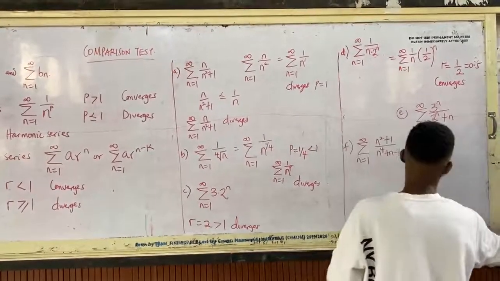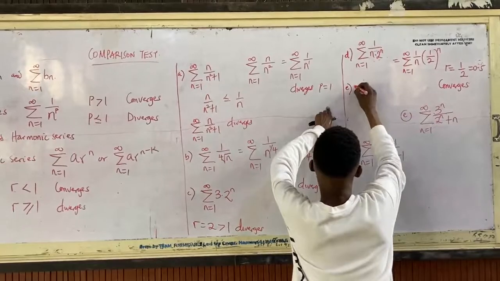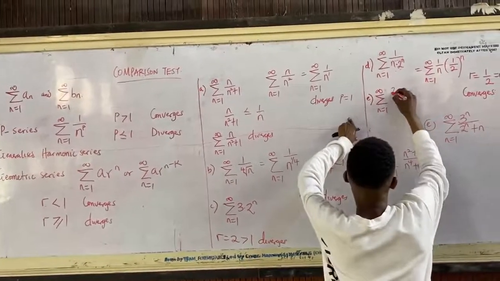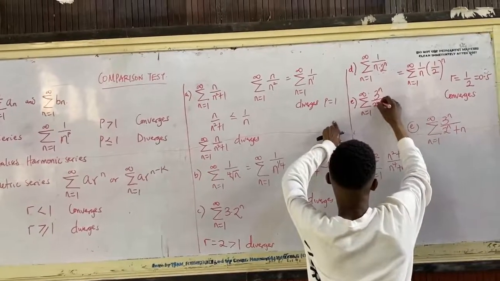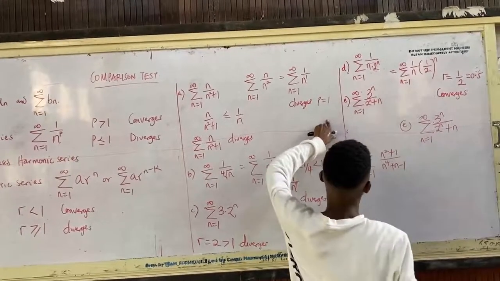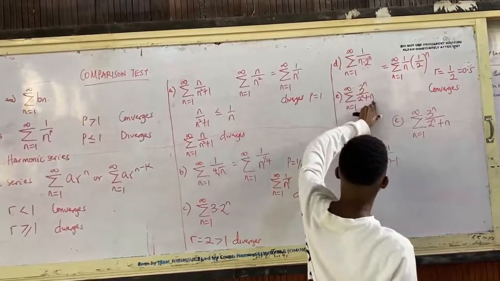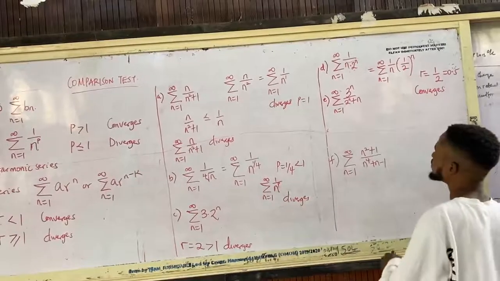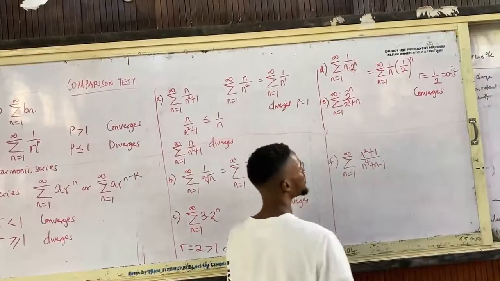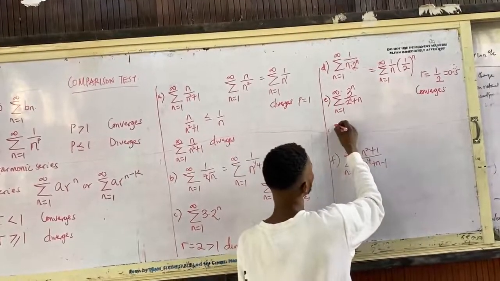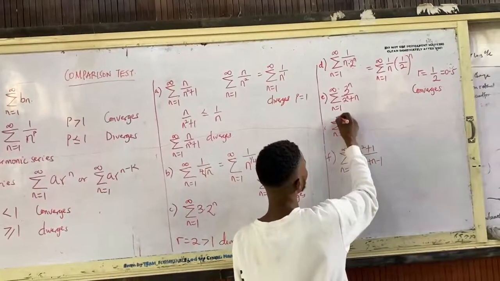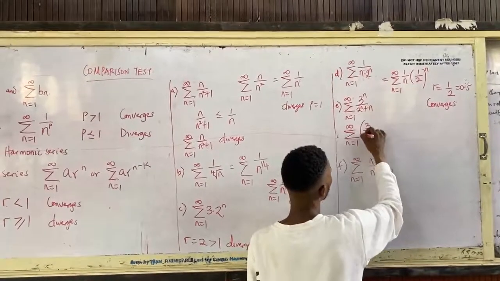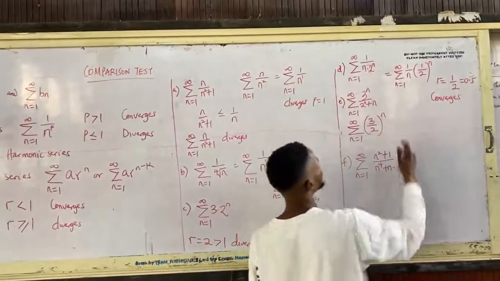Now the next one, E. The sum to infinity of 3 raised to power n over 2 raised to power n plus n. This is a geometric series, like a p series. So compare with another geometric series. If we have a p series and a geometric series together, this series behaves like 3 over 2 all raised to power n.